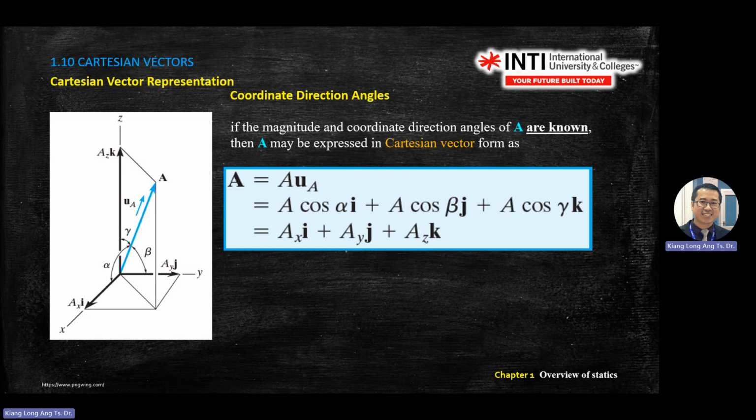This is the direction of the resultant force or the force, UA. So have the habit of writing in this way: cos alpha, cos beta, cos gamma. If the question asks you to find alpha, beta, gamma, usually you see this in a three-dimensional question. Then you write AX equal to this one, AY equal to this one, AZ equal to this one. Then you start solving the question.